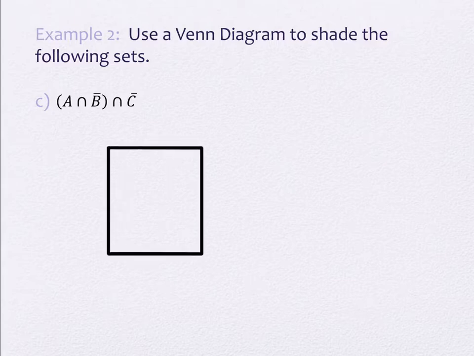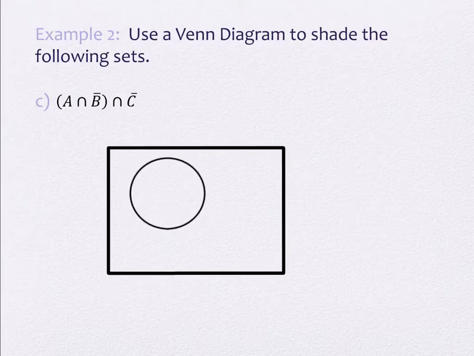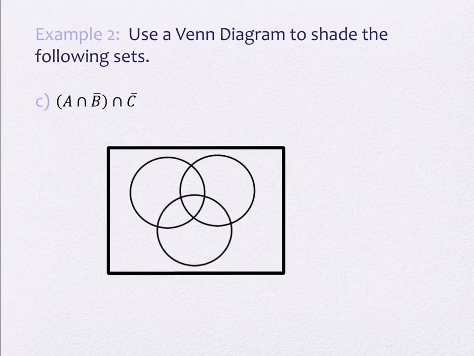So to start with, draw yourself a Venn diagram: a rectangle, and inside of it, create your three circles that overlap. And then we're going to label first the circles themselves, like A, B, C, and the universal set U. And then we're going to label the regions.